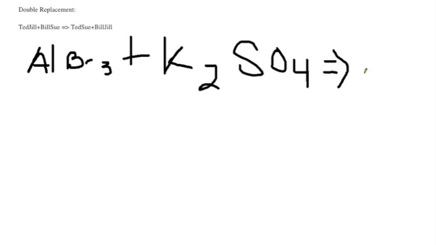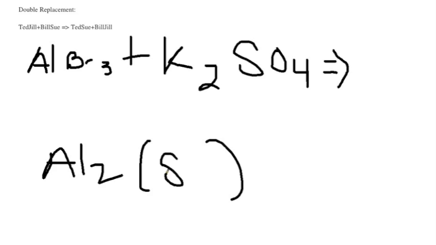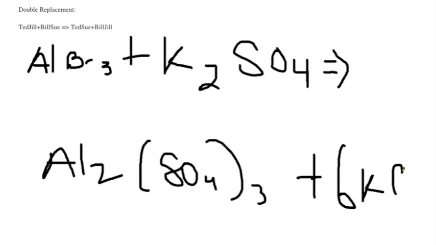Plus, I got really big, so I'm going to move down to the next line: Al2(SO4)3, plus 6 KBr, potassium bromide.